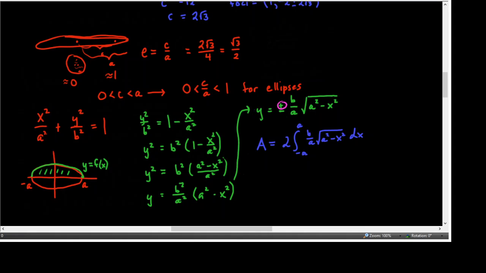Okay. So since you have a squared minus x squared under that radical, we're going to use trig substitution to integrate it.